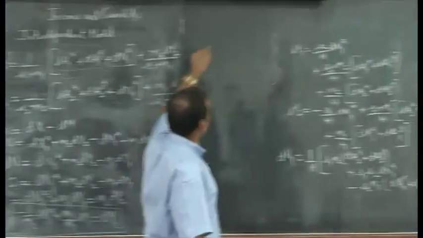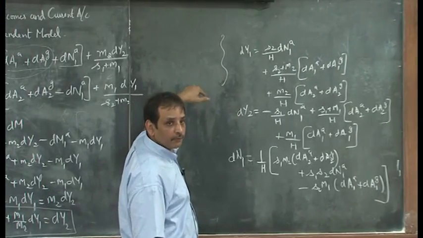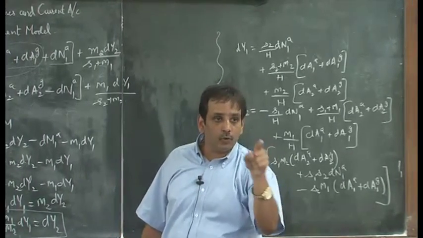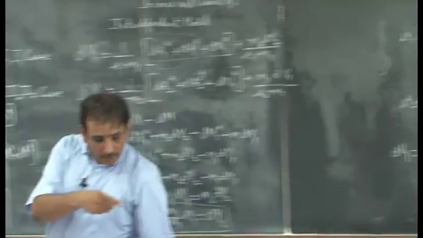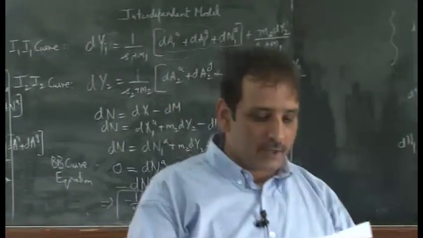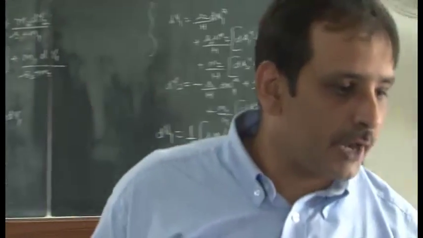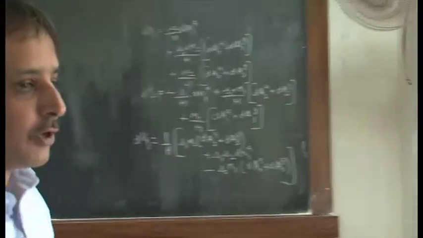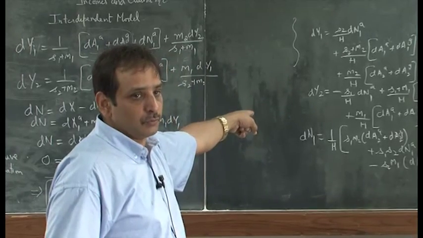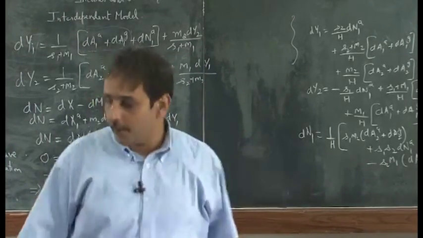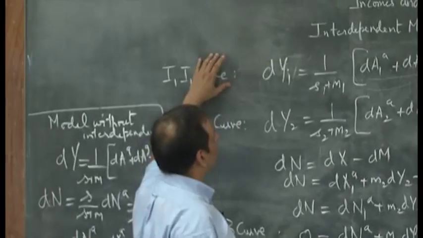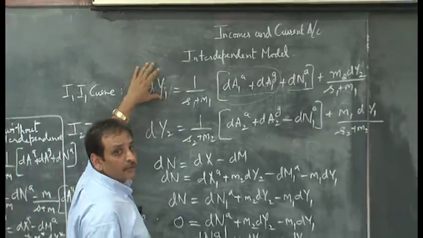But when you solve for this, that means if you are talking of that point Q and Q dash, do you see the point Q and Q dash? That point Q and Q dash in the first handout, that is page 340, that's a reflection of those dy1 and dy2. Okay. But if the I1, I1 curve is a reflection of this.